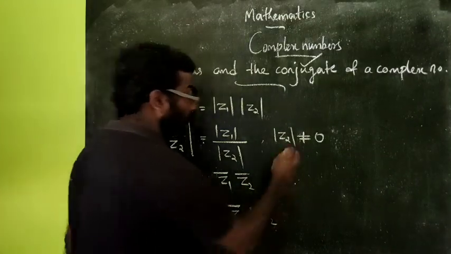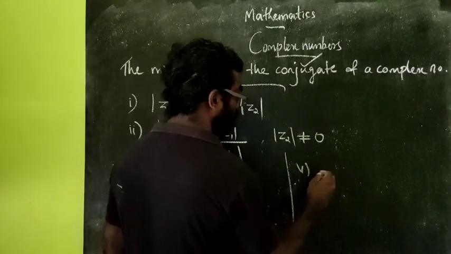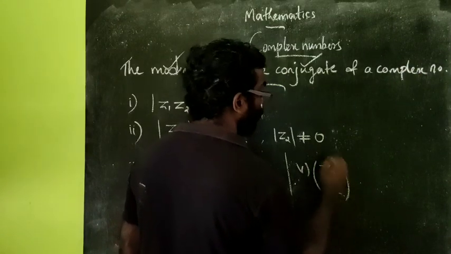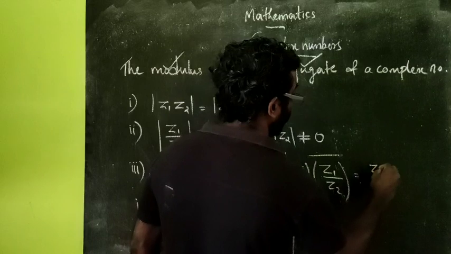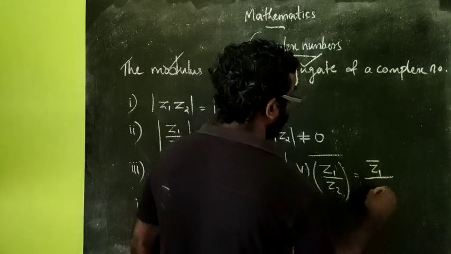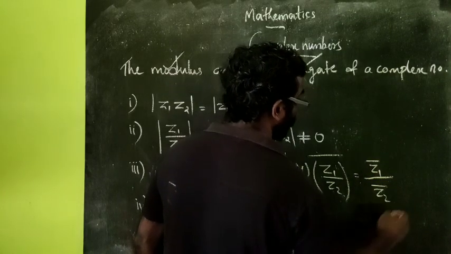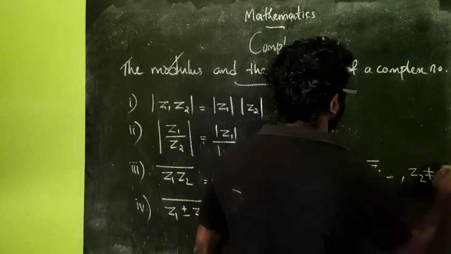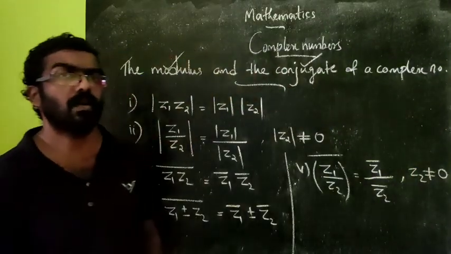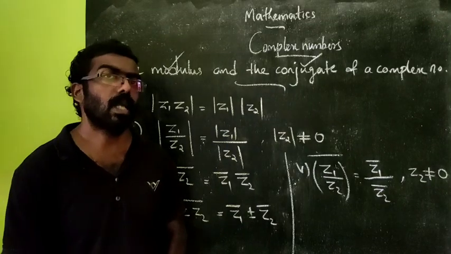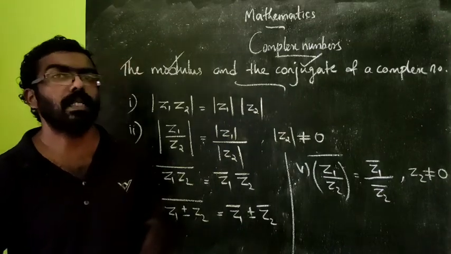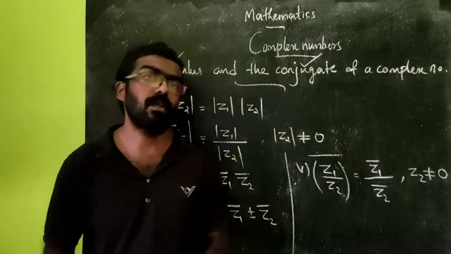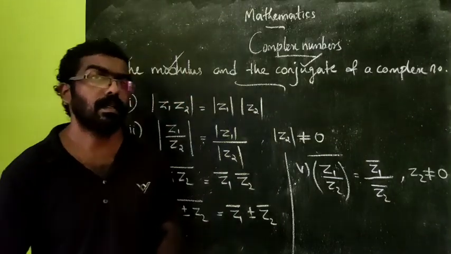Okay, and the last one is z1 by z2 the whole bar, which is equal to z1 bar by z2 bar, provided z2 is not equal to 0. The denominator is not equal to 0. Okay, so these are the properties regarding what? The modulus and conjugate of a complex number.